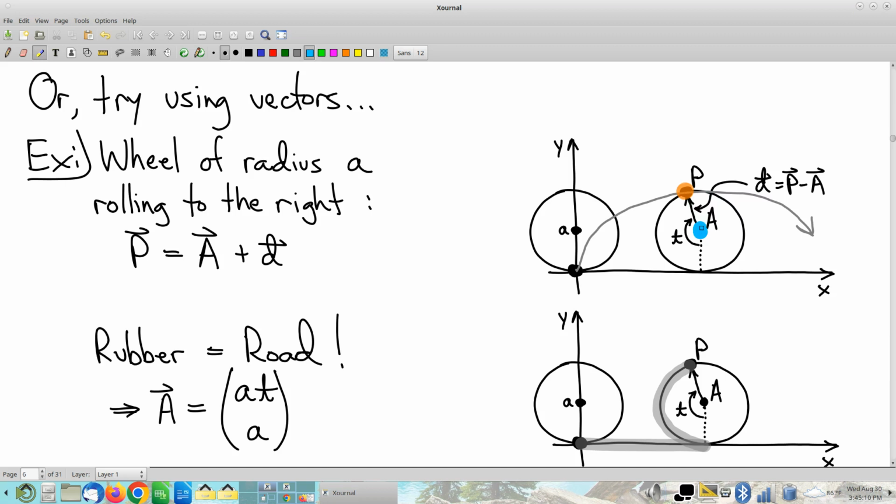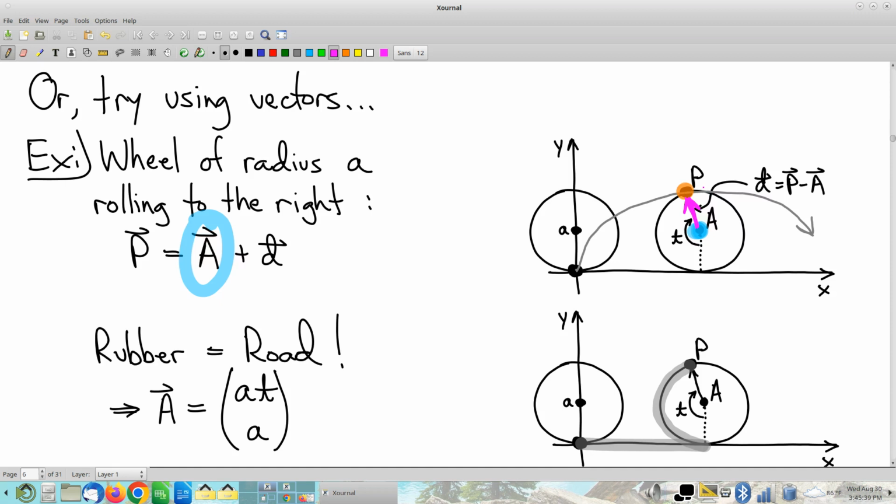I can view it as a sum of the axle's location plus this difference vector that I'm going to call D. Right? So orange is blue plus purple. Okay, so I claim this is a sum of simpler things.